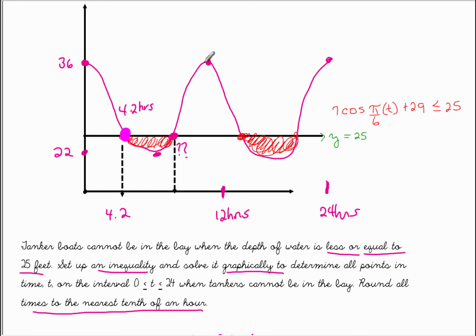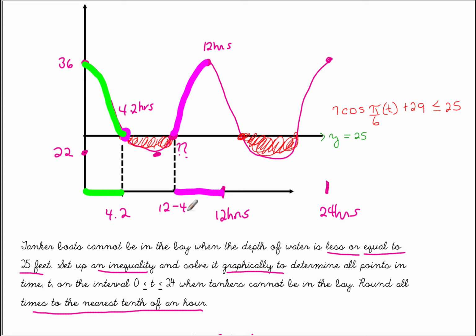Well, we know that this point represents 12 hours. So the distance of low tide here, that took 4.2 hours. So guess what? The mirror image of that is right here. So this is also 4.2 hours. So I can find this number by simply saying, well, my height here is 12, but if this green was 4.2 hours, then this is also 4.2 hours.